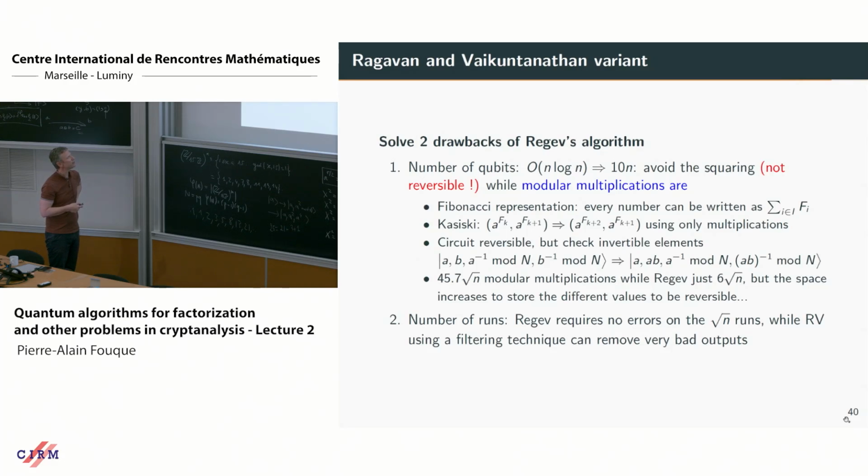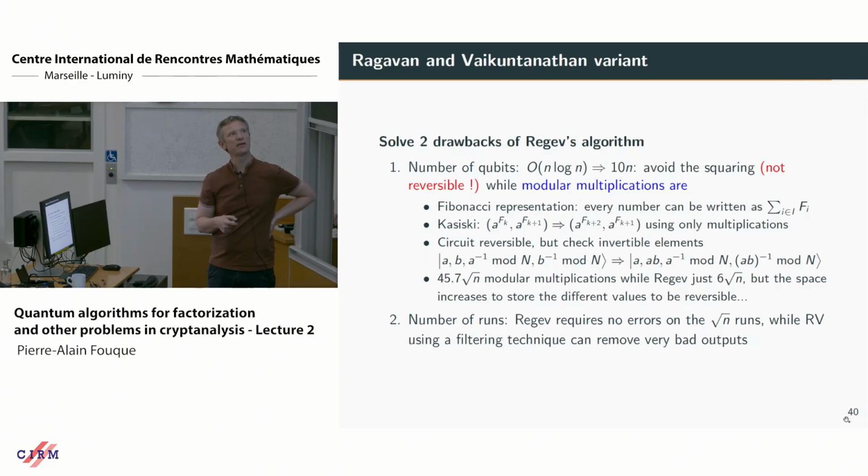So, for instance, if you have these two values, you can compute a to the power F_(k+2) Fibonacci number. And from this value, I can also compute in this register a to the F_(k+3), because you just have to multiply.